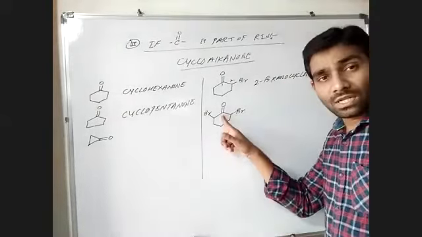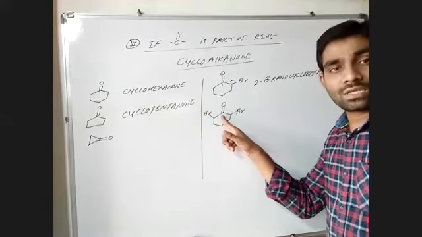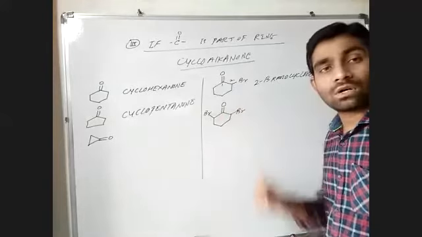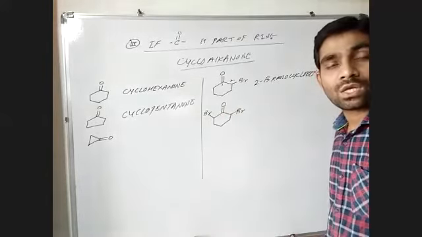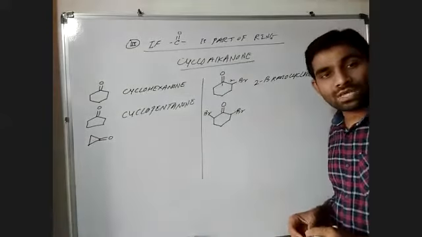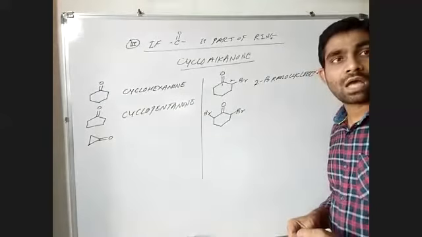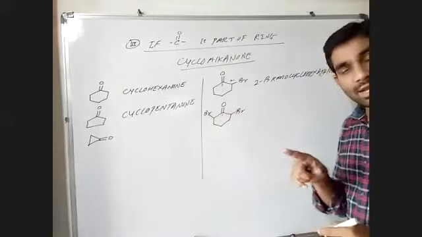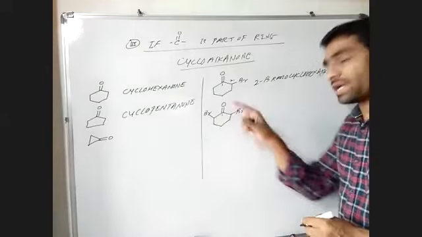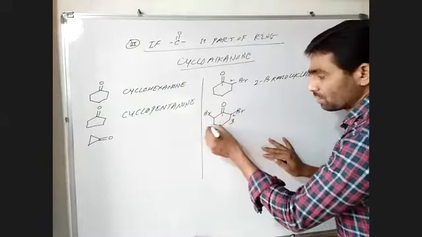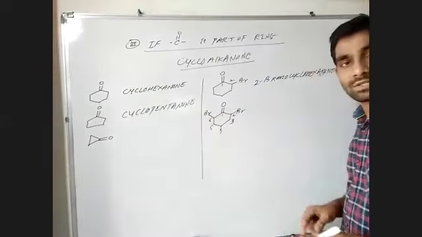One is carbonyl, next is halogen, third is also halogen. Number one always goes to the carbonyl. Now you can go clockwise or anti-clockwise, no problem. So I will go like this: 2, 3, 4, 5, 6.